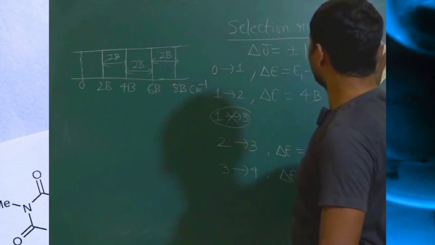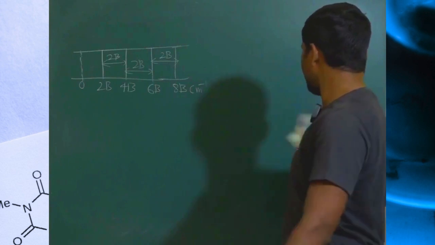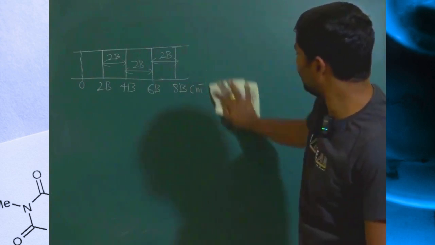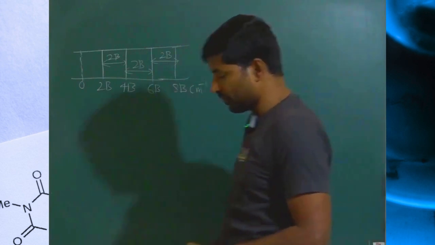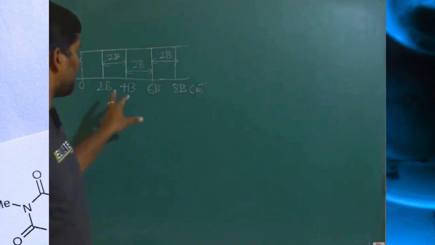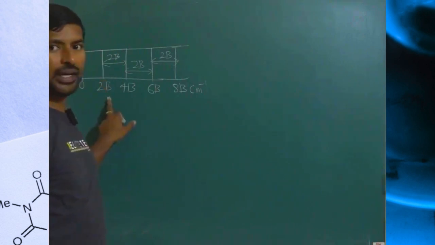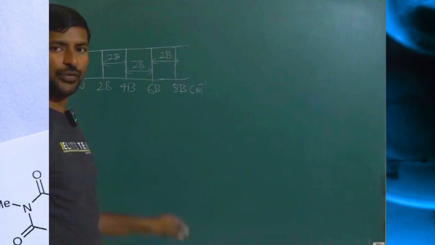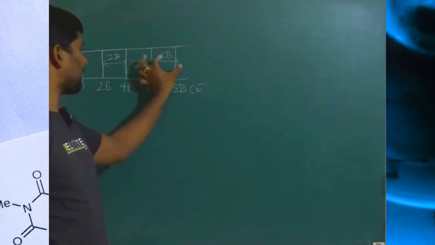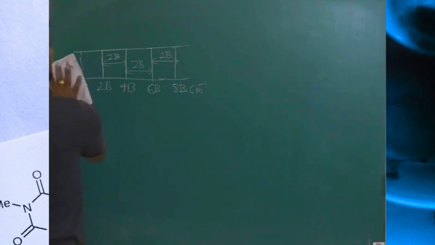Okay, this is about the rotational spectrum of rigid diatomic molecules. The rotational spectrum of a rigid diatomic molecule is characterized by a series of spectral lines at 2B, 4B, 6B, 8B and so on. The gap between any two successive spectral lines is 2B centimeter inverse.